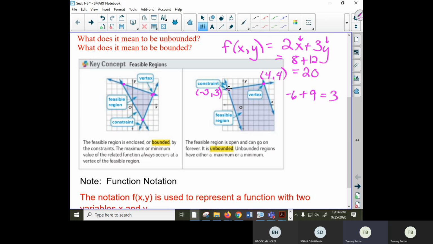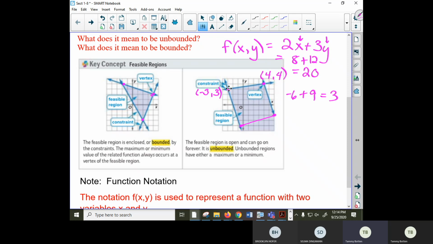There is a problem, I believe I assigned this one, where you have a rectangle-looking thing on your graph when you get done. So it might look something like this. So say this is a cross, and then you'd have 4 vertices, okay?